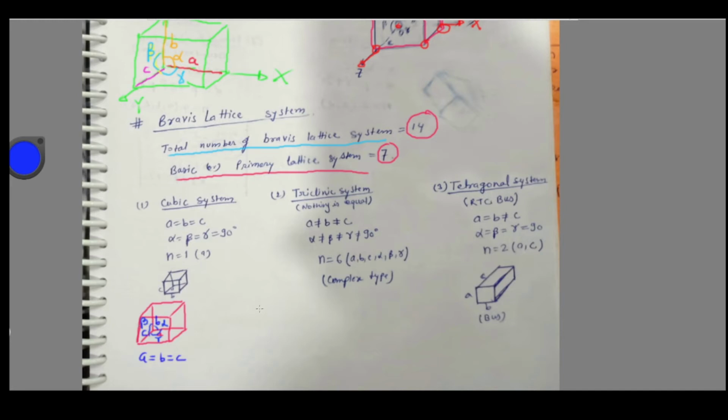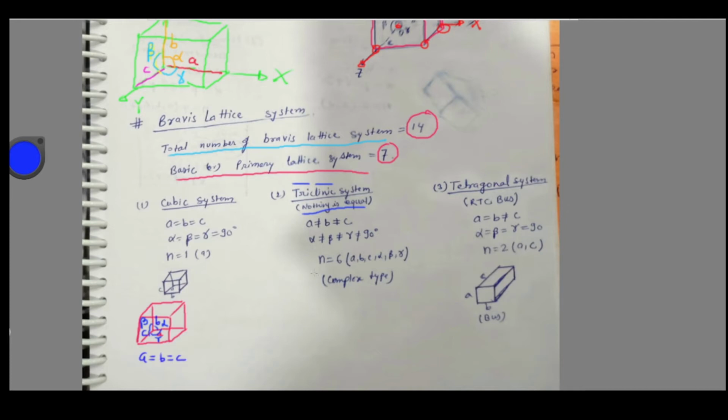Second one is triclinic. Tri means three, clinic means not same. So in this, nothing is equal. No parameter is equal: a is not equal to b, not equal to c, neither is alpha equal to beta, not equal to gamma, that is not equal to 90 degrees. So this is called triclinic.